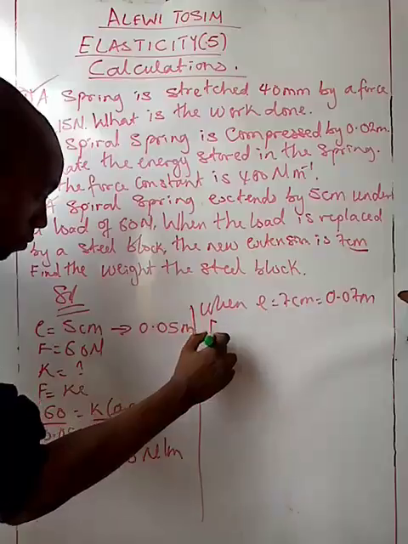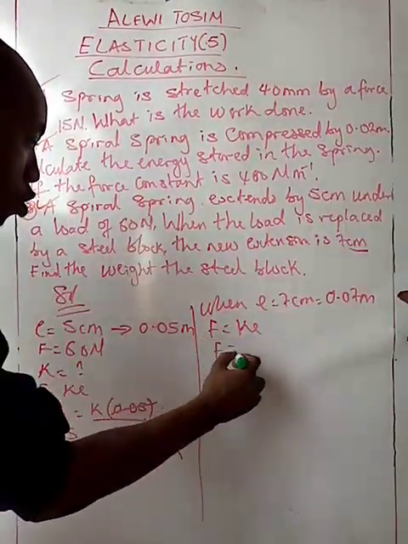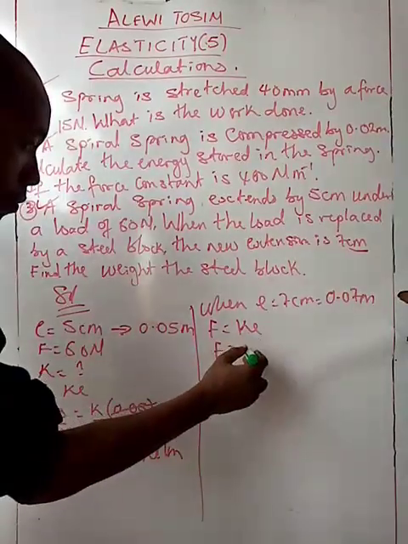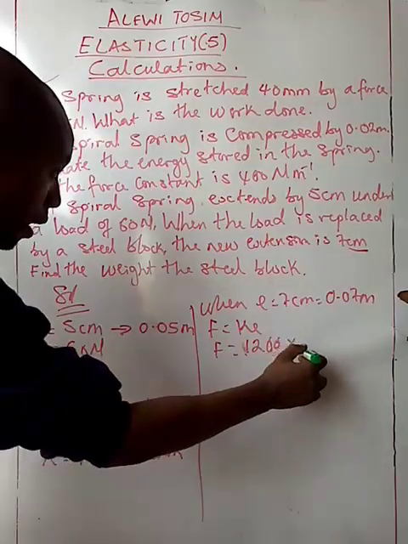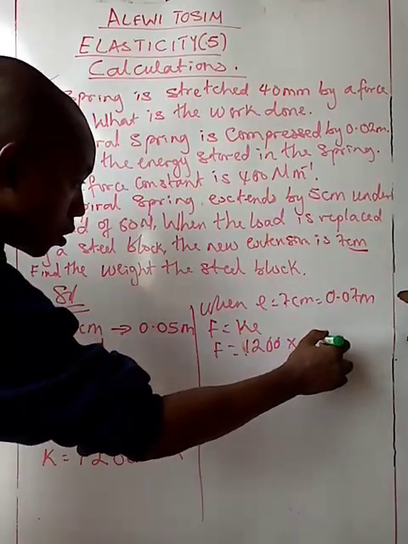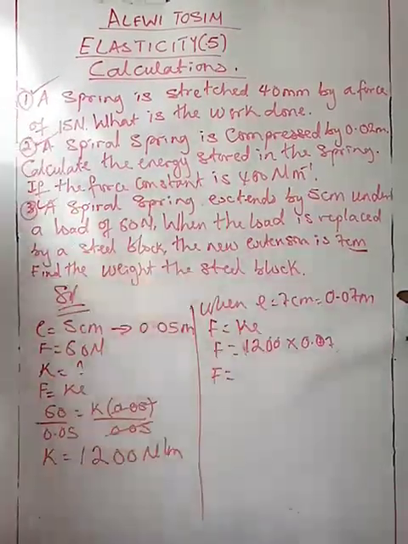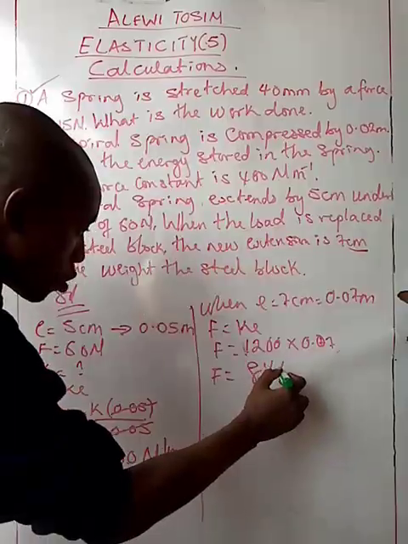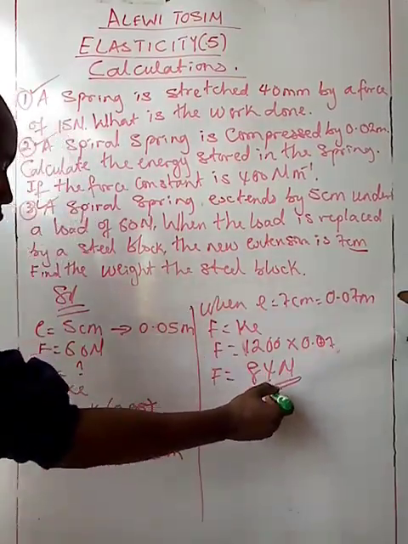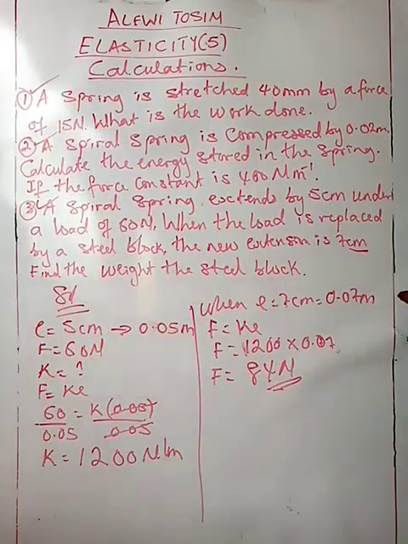We've known our elastic constant, so we can easily say that the new weight, which is F, equals the elastic constant, 1200, times 0.07 meters. 1200 times 0.07 will give us 84. So which means that the new weight of the steel block is 84 Newton.